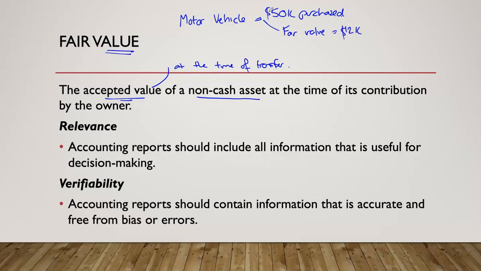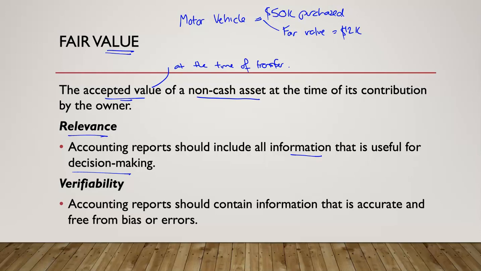When we transfer it, it would not make sense for us to reward the business by saying it now is a $50,000 vehicle when the fair value is $12,000. We adopt the accepted value at the time of transfer because this is more relevant, and this means the accounting reports will include the accurate information that is useful for decision making.